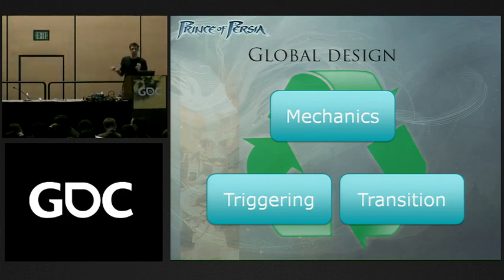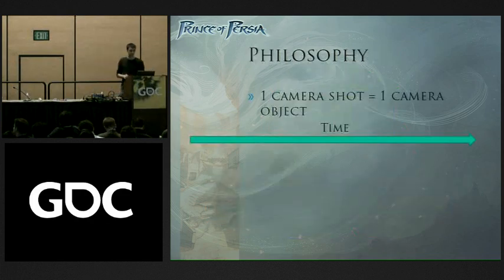They are very separate systems, and it's very important, especially between mechanics and triggering. You don't want to have those two systems at the same place. When you have something like that, you can have one game choosing his own triggering system, and then you can have another very different game doing his own triggering system, and you can reuse the mechanics as long as it's not mixed with other systems.